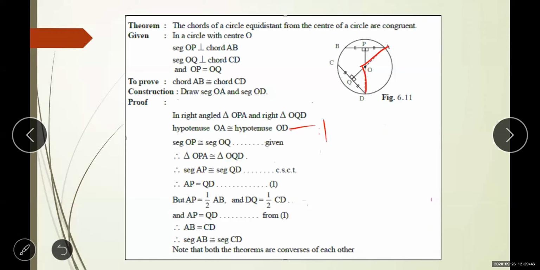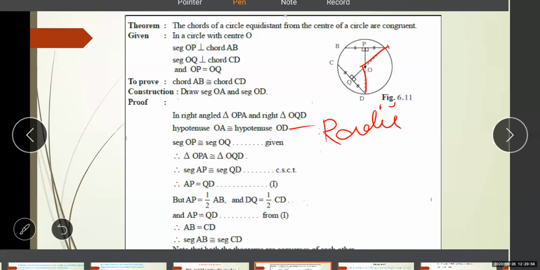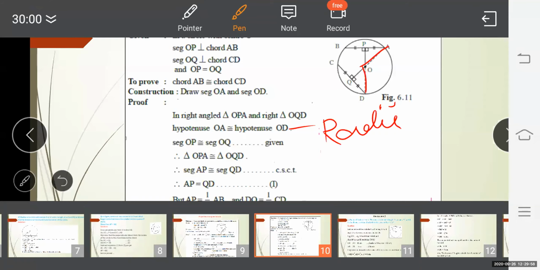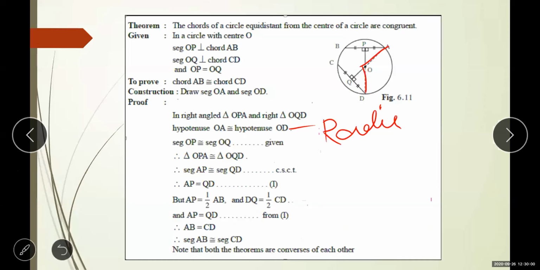What is the reason? Radii of the same circle. Now OP and OQ, it is already given. So mention them as the lengths are same, so the segments are congruent.